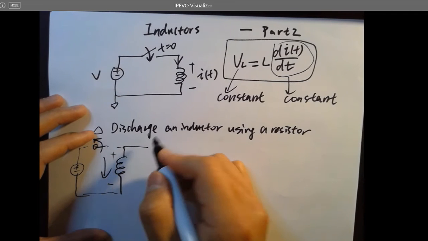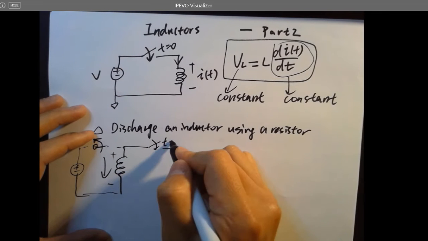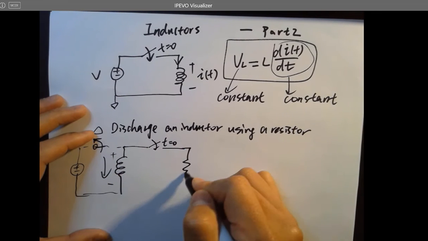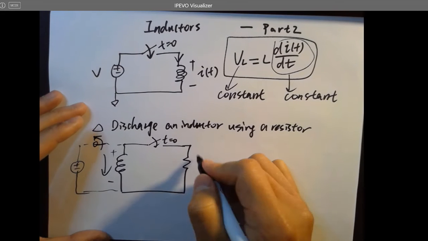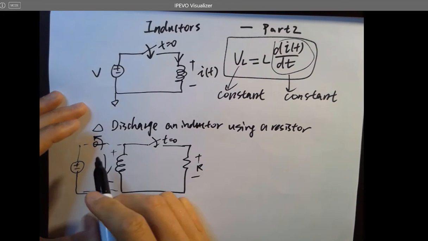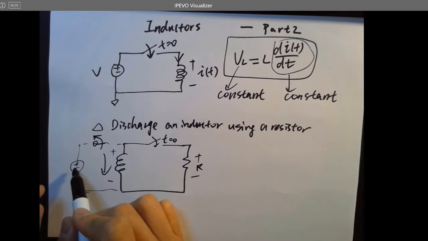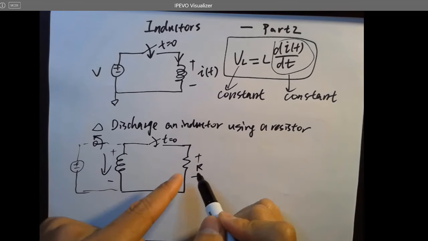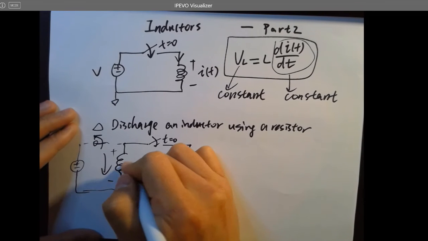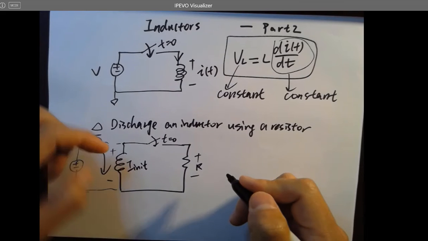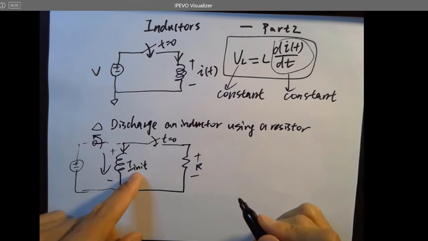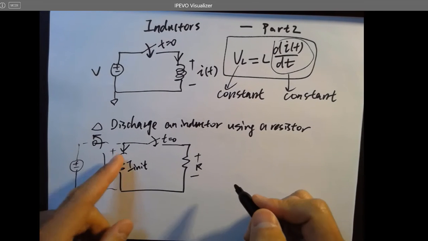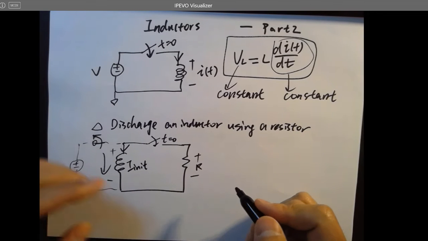But I'm going to close the switch over here at T0. On the other side, it's another circuit. So I'm going to discharge whatever was stored previously to the resistor. Initially, there's an I_init flowing inside the inductor, and because it's going in, it's a positive current. Otherwise, it would be negative. Remember that.